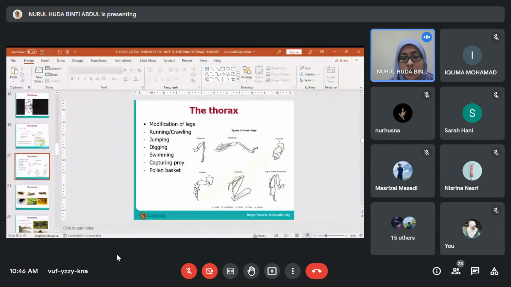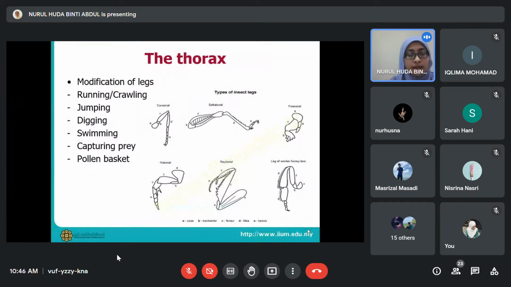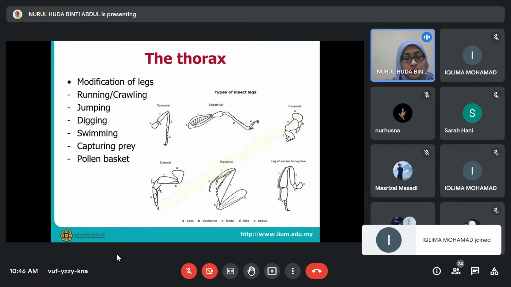We also have the mole cricket, a cricket that lives in the soil. The front leg also shows obvious fossorial legs for digging. And we have swimming legs, which are natatorial. You can see this type of leg especially in a water beetle, the one that lives in the water.